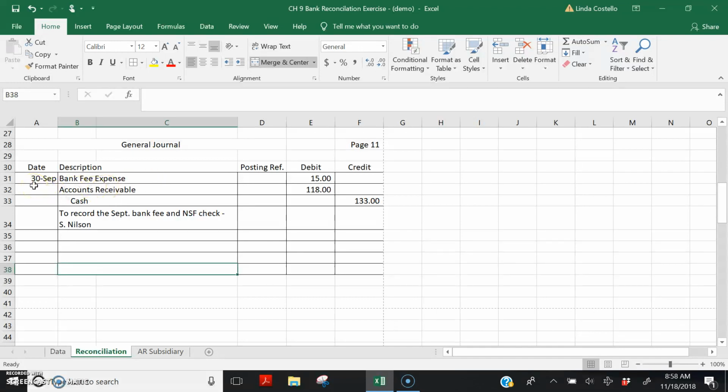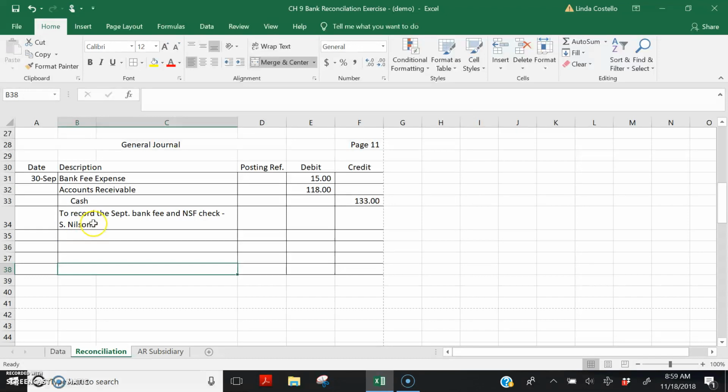September 30th, bank fee expense, debit $15, accounts receivable, debit $118, cash credit $133, description to record the September bank fee and the NSF check, customer S. Nielsen.